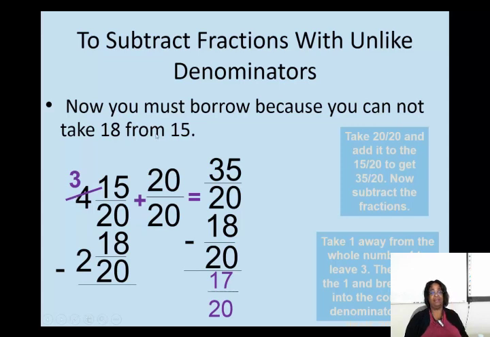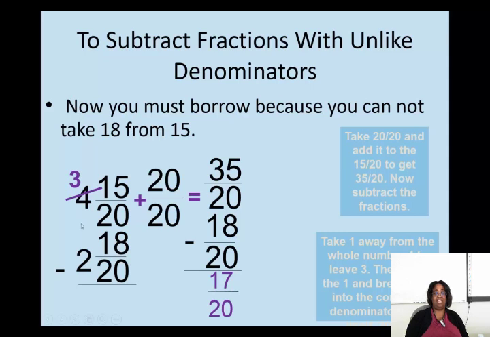The 1 comes next to the fraction that was too small, and I break it up into the common denominator over itself. It's still equal to 1, but it's broken into pieces, like a pizza that you haven't eaten yet. Then you add that to the numerator to make it bigger, and I get 35 over 20. Now I can subtract. So when you borrow, you still borrow 1, but you're just breaking it up into the common denominator over itself and adding it.